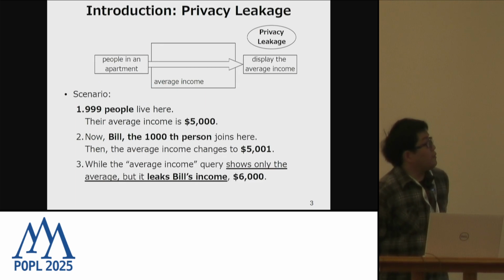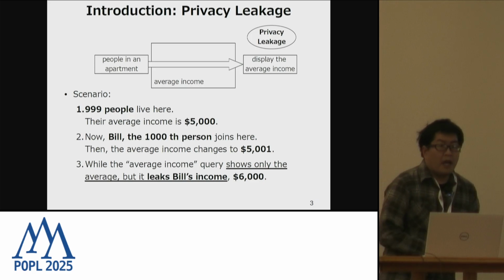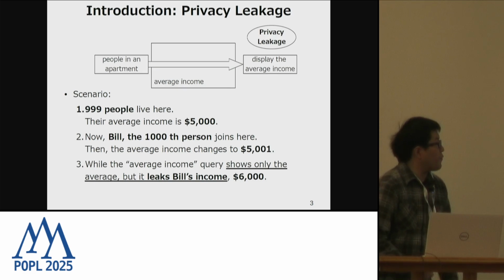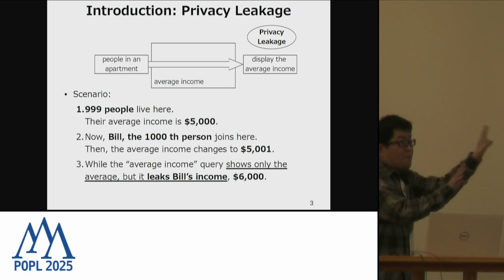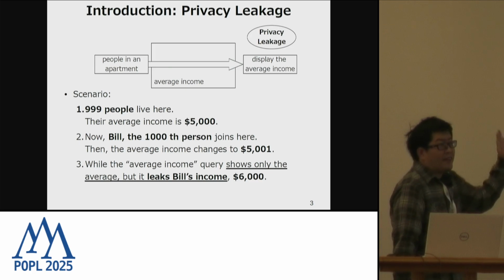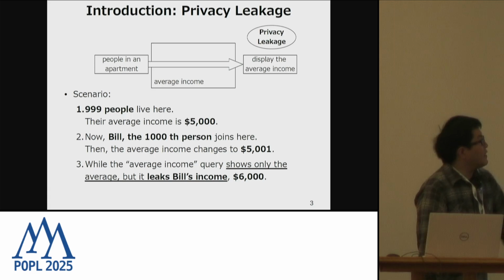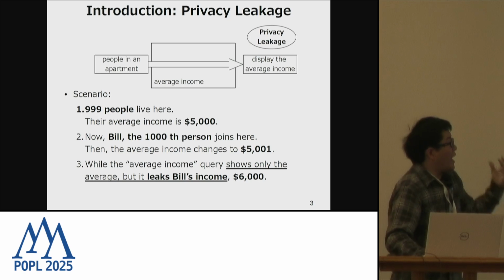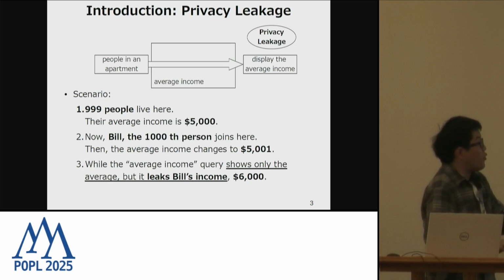Okay, let's move on to the introduction of differential privacy. We first consider a scenario of privacy leakage. Imagine an apartment. 999 people live here, and the apartment has the average income query.